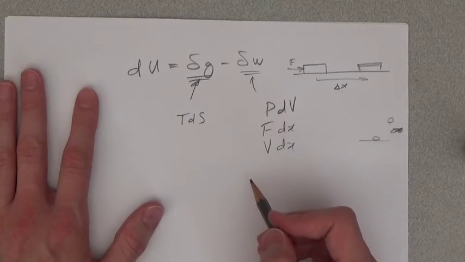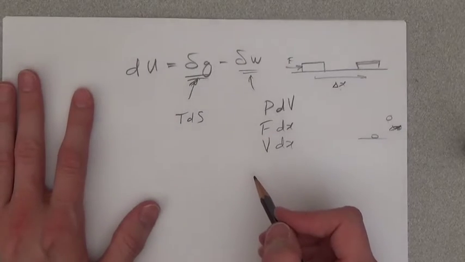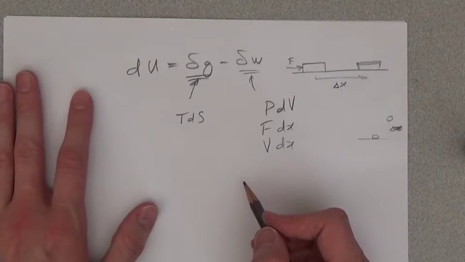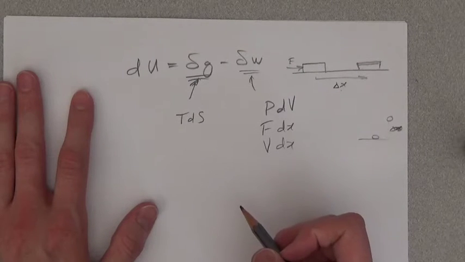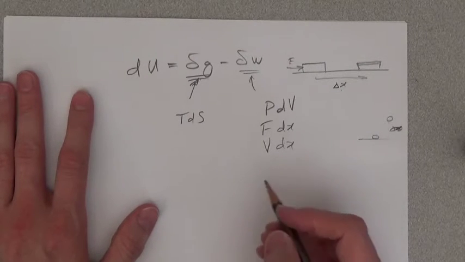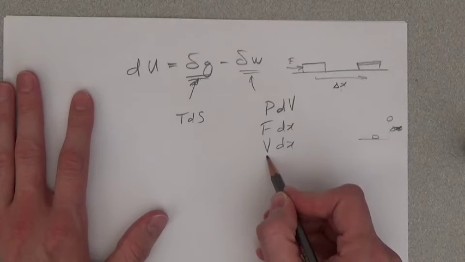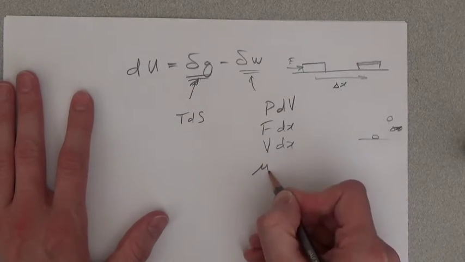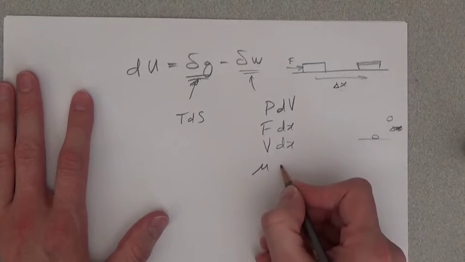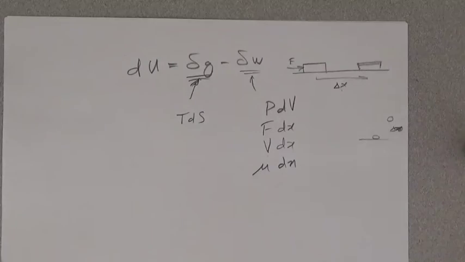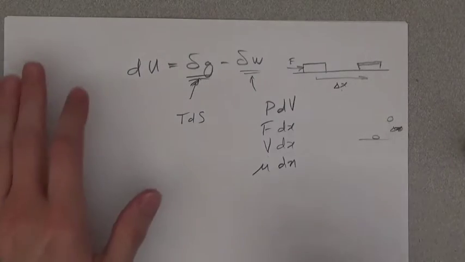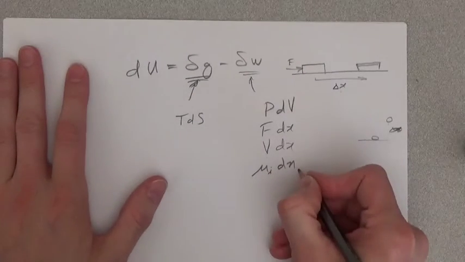And in the case of what I call chemical work, which is the work to add or remove content from the system, our potential is called our chemical potential, and our displacement is the change in the number of atoms. Let's call this i.